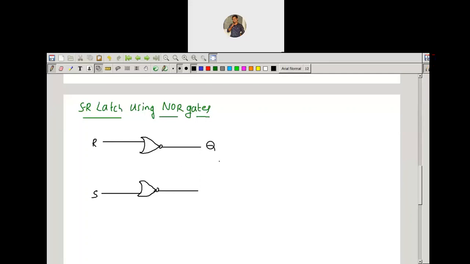We are going to have one normal output and one complement output, Q and Q bar. This Q bar will be given to the first NOR gate, and this Q, the normal output, will be fed back to the other NOR gate. So this is the circuit diagram of the SR latch.